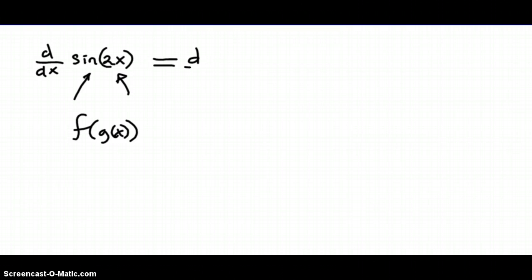So hopefully you were able to rewrite sine 2x as 2 sine x cosine x. I now have a product, so I can now use the product rule.